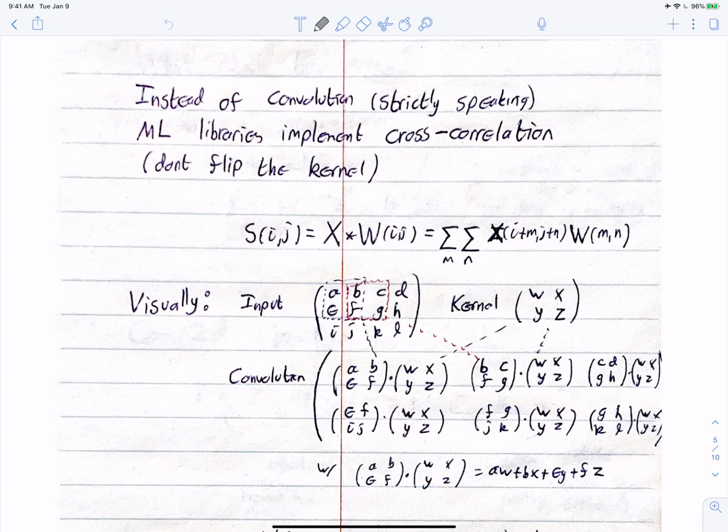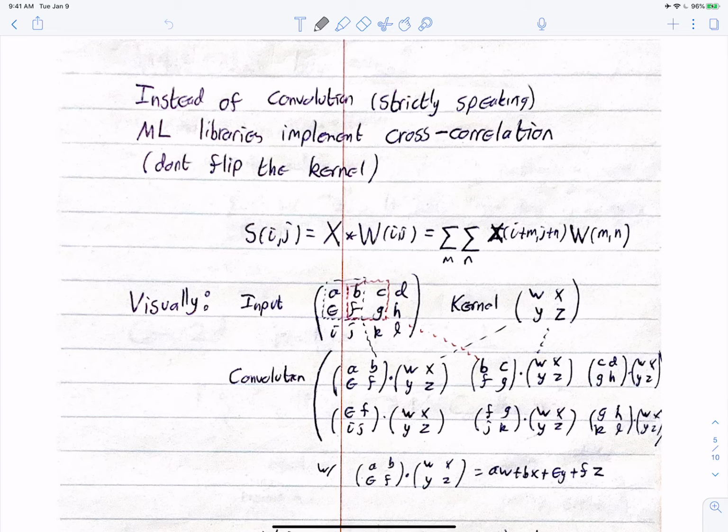If I take the convolution of this input with this kernel, the first thing I do is put the kernel in the top left corner, and so I get the inner product of the matrix A B E F with W X Y Z. Then I'm going to shift the kernel by 1, so I get the dot product of B C F G with W X Y Z. Then I'm going to shift it by 1 again. Then I'm going to repeat all this by shifting down by 1, and so here I get this 2x3 matrix.